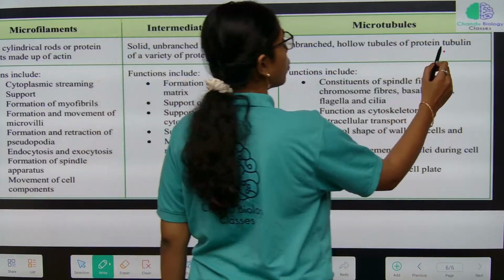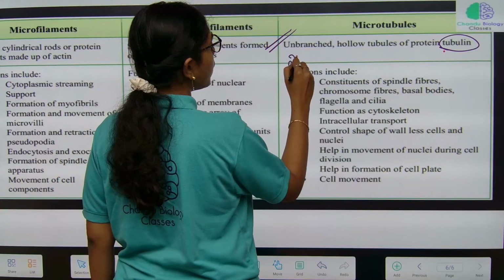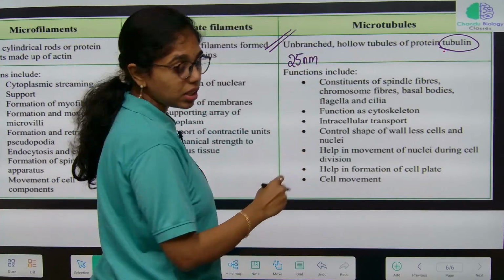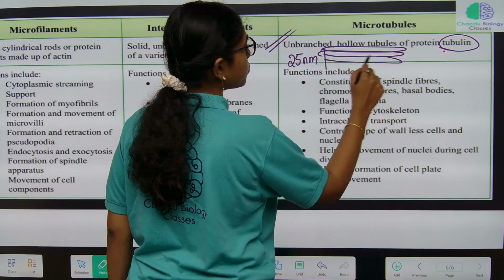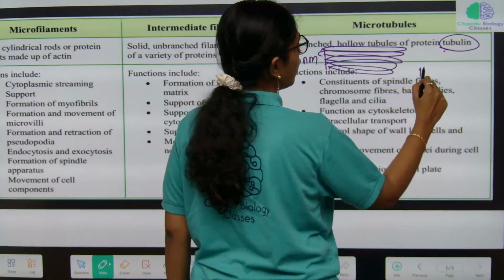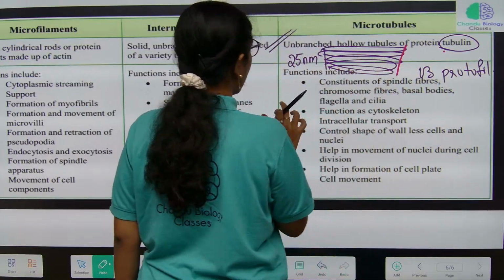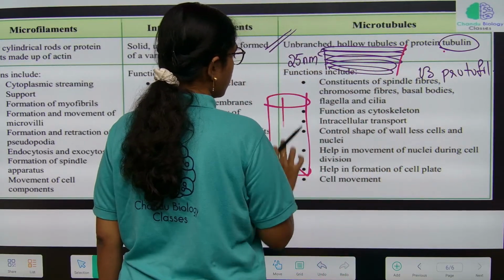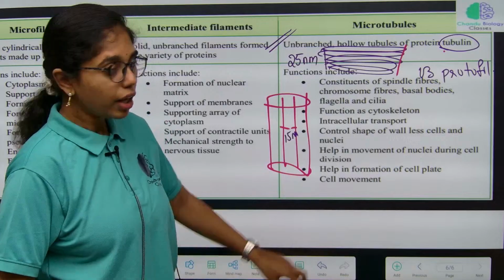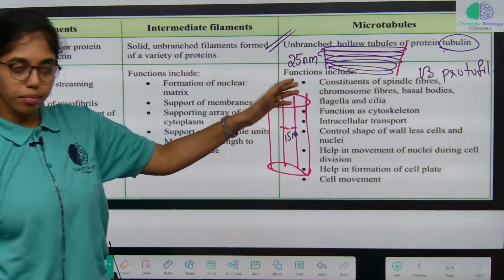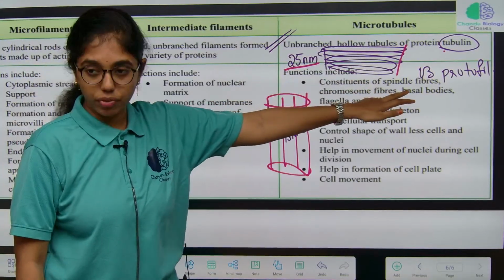They have a diameter of around 25 nanometers, and they are made up of 13 protofilaments.